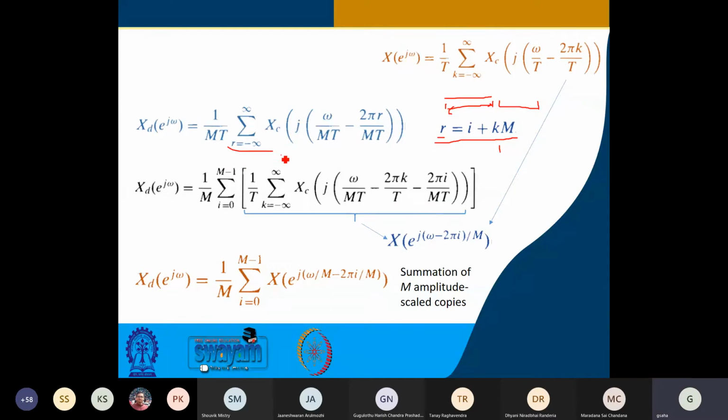Okay, so we can write this particular equation in this manner as well, where r is written as i plus k M. So this is a double summation. One summation is over i and another summation is over k.